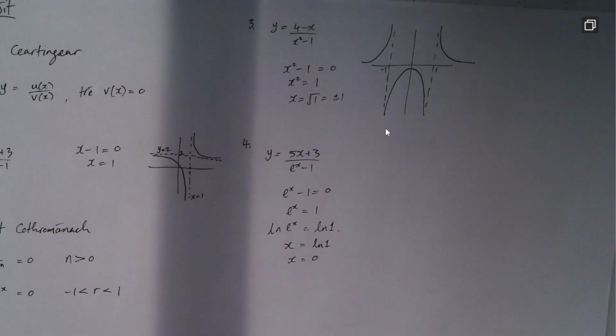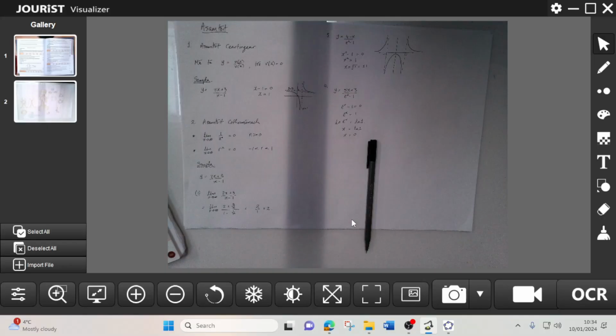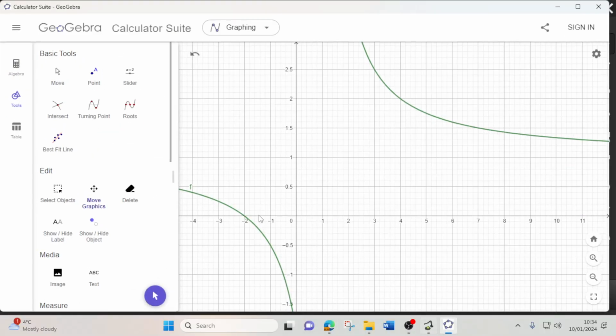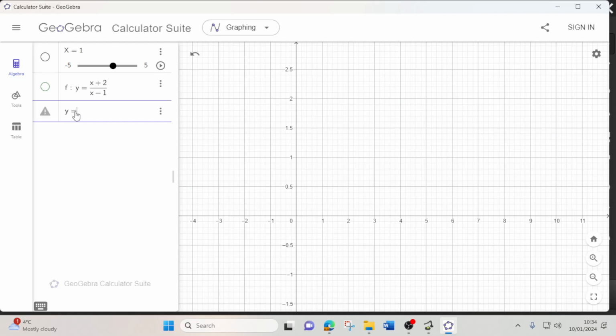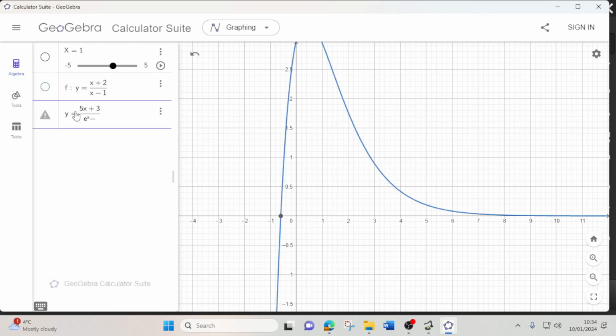Which is okay again. Now, just now my graphs. If I'm doing it back to algebra, the function y equals 5x plus 3 over e to the x minus 1.